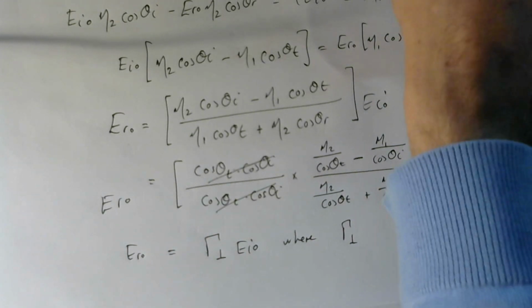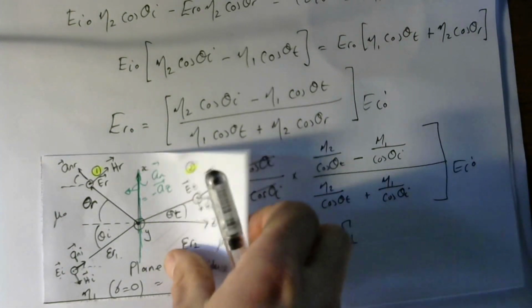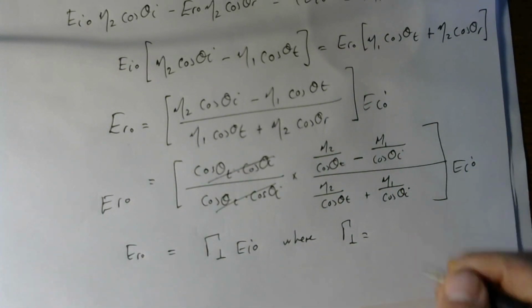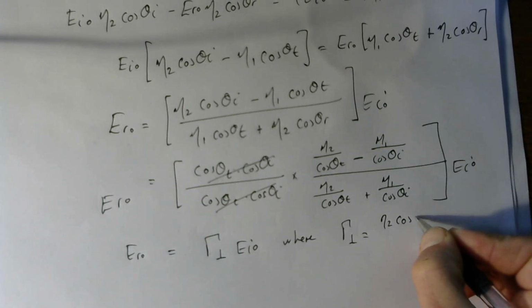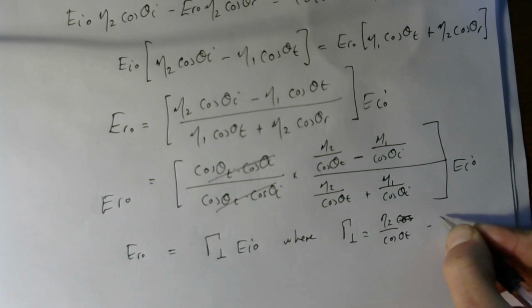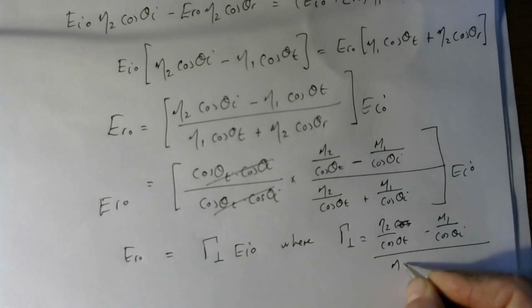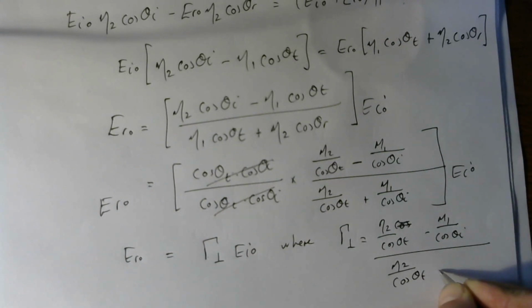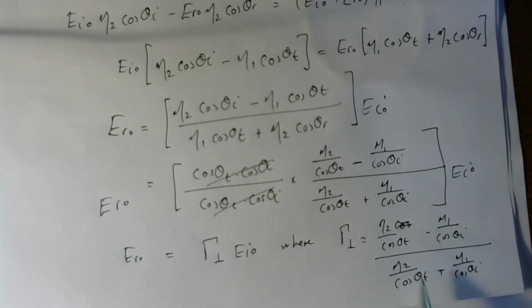I write this because remember we are looking at the perpendicular polarization case, where E is perpendicular to the plane of incidence. So it is given by eta 2 over cos theta t minus eta 1 over cos theta I, divided by eta 2 over cos theta t plus eta 1 over cos theta I. And you will see that if you let the angles equal 0, then this just reduces to the normal incident case, which we also reviewed in class.